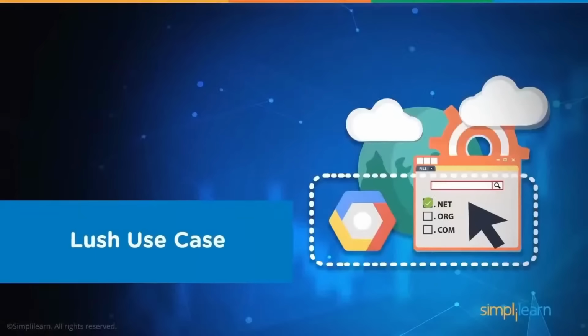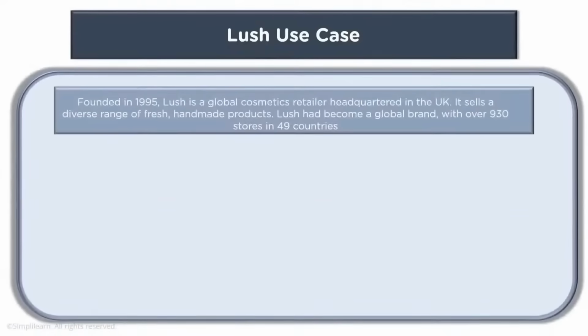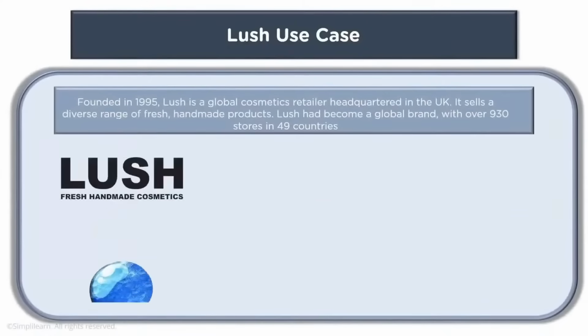Now let's look at a use case and understand what happened here when we talk about Lush. Lush was founded in 1995. You might have seen this brand somewhere in the streets. It is a global cosmetics retailer headquartered in the UK. It sells a diverse range of fresh, handmade products. Lush had become a global brand with over 930 stores in 49 countries.